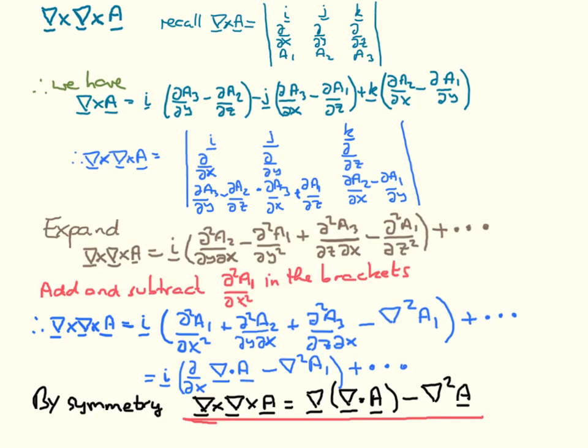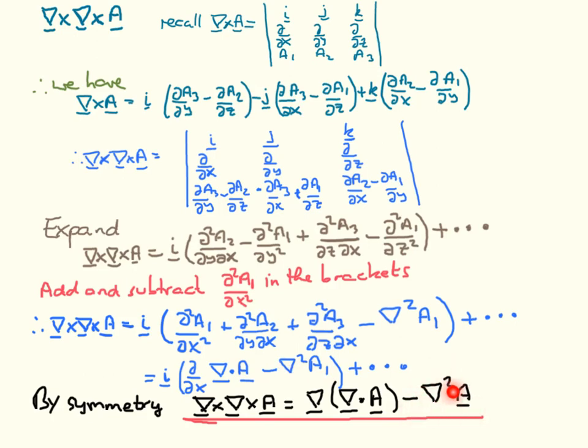And then in the k direction we'd have d by dz of the divergence of A minus the Laplacian of A3. So iA1 plus jA2 plus kA3 is the vector field A, and in each case with the Laplacian acting on it. So those terms are going to give us this.